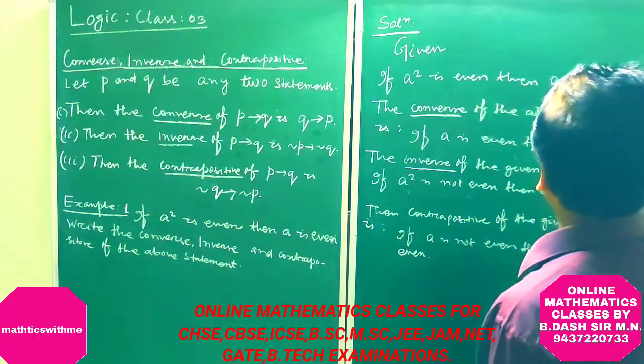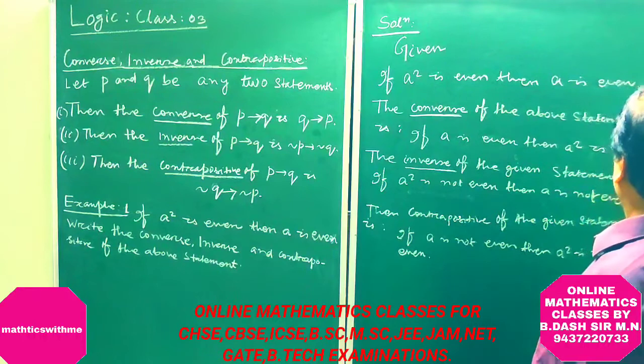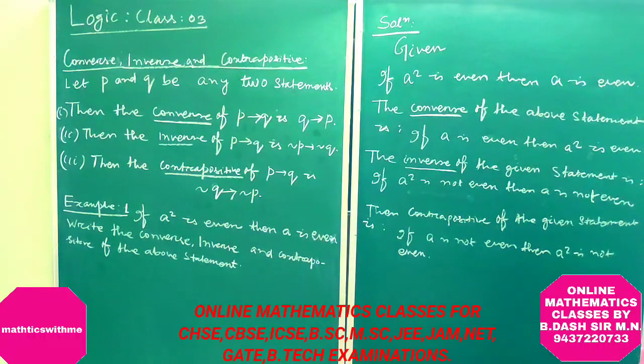The inverse of the given statement is, if A square is not even, then A is not even. The contrapositive of the given statement is, if A is not even, then A square is not even.